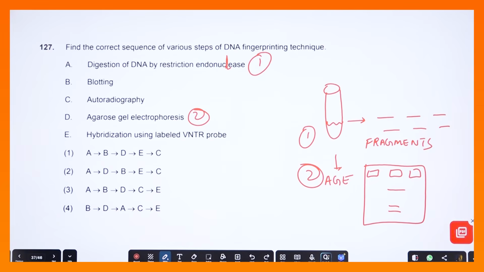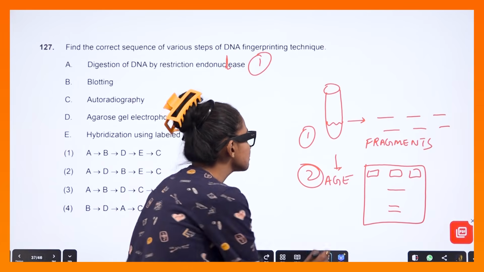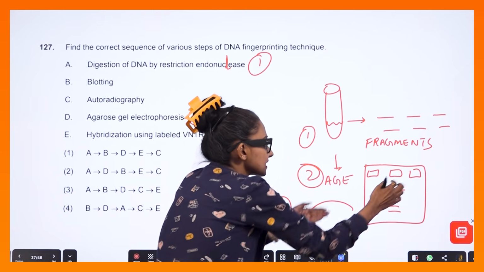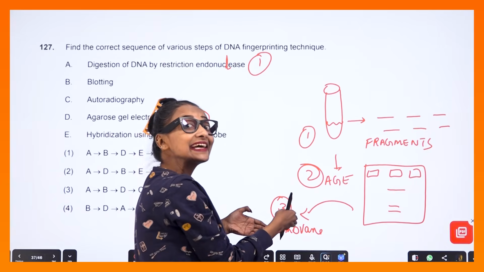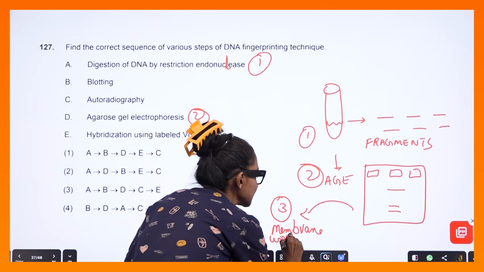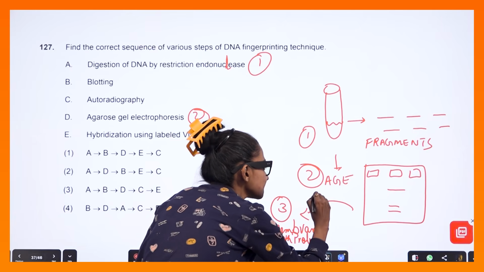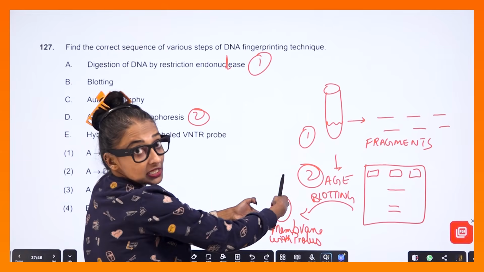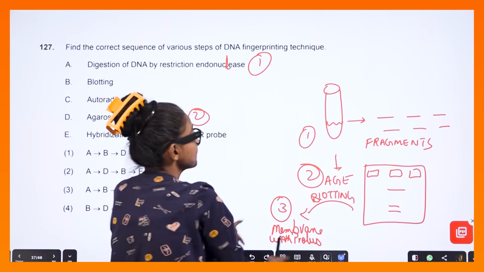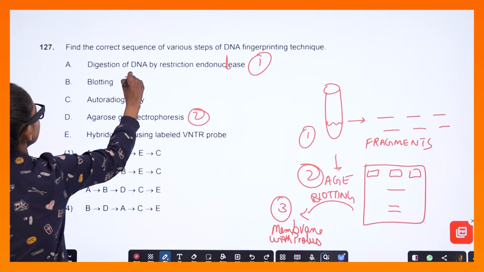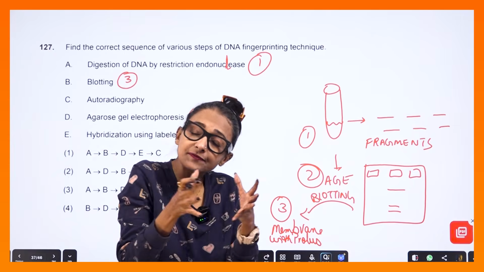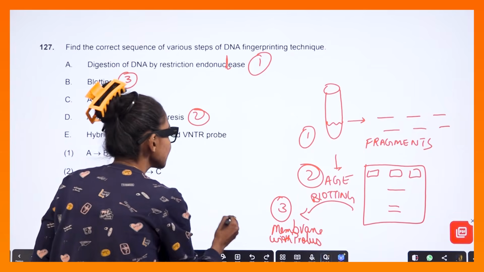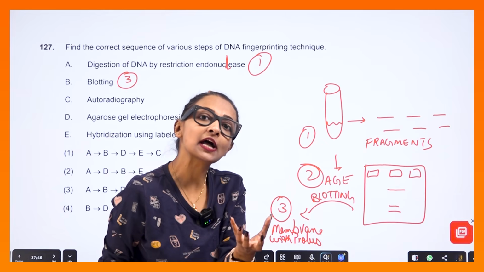Okay, fine. Then after these things are there, you transfer the gel onto a membrane that has got probes, radioactive probes. This transferring is called blotting. Now what will you do? If the complementation between the probe and this gel DNA has taken place, you can observe the membrane under X-ray.